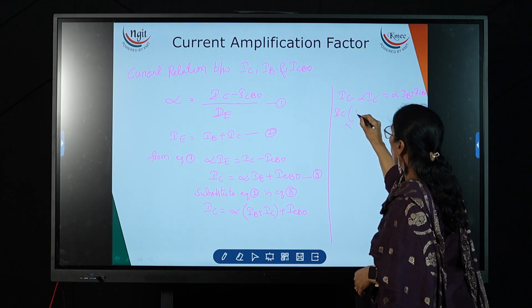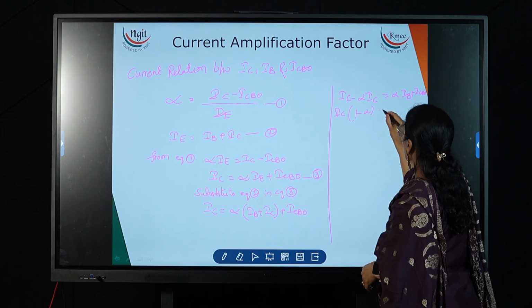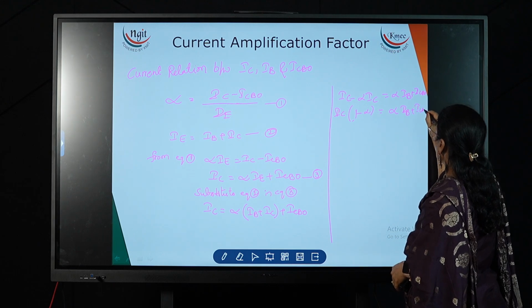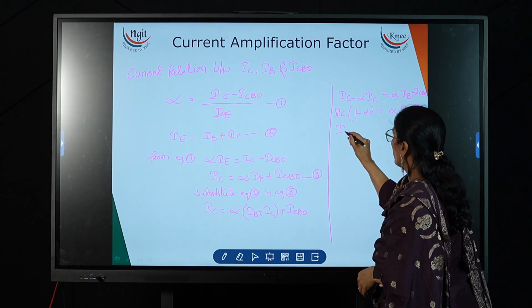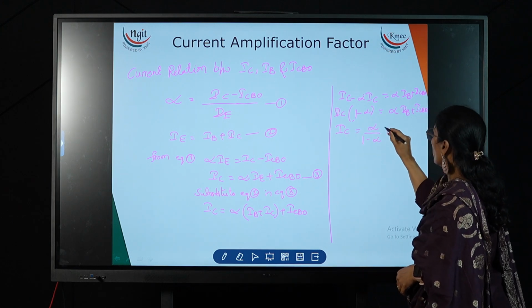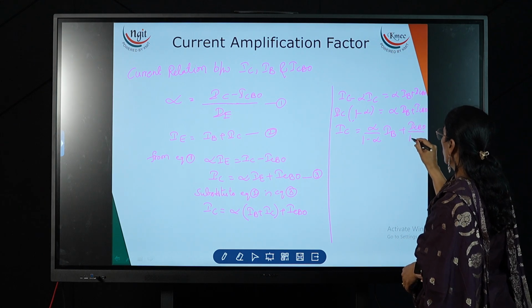Taking IC out, IC times 1 minus alpha is equal to alpha IB plus ICBO. Sending 1 minus alpha to the other side, IC is equal to alpha by 1 minus alpha times IB plus ICBO by 1 minus alpha.